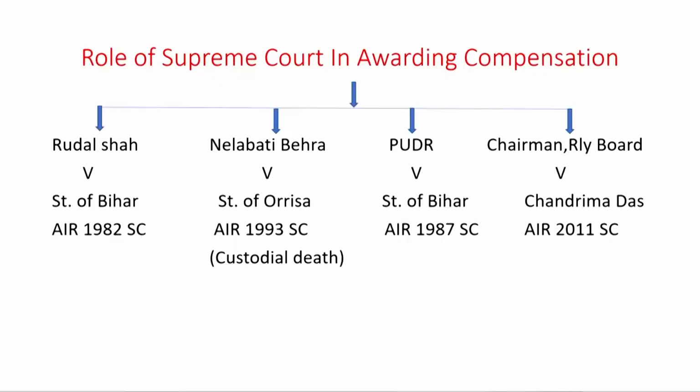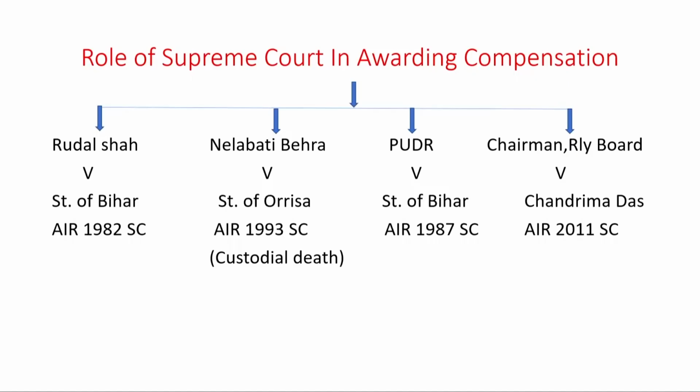That committee recommended this only because of the judicial pronouncements, because in 1982 the Supreme Court had already widened the scope of victim of crime, and in 1993 in the Nilavati Behra case, the Supreme Court had already widened the meaning of victim of crime.